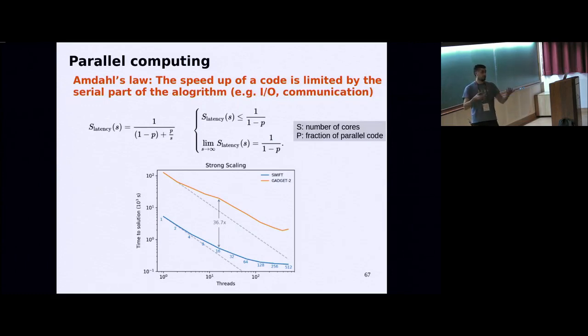And then you also have these different types of choices that you can make, right? You can write a very general code like Gadget that can do these zoom simulations and full boxes and hydrodynamics and isolated initial conditions and so on, or periodic boundary conditions, and that's very flexible, right? But of course, if you are very flexible and you tackle different problems, you cannot be the most optimal code for a particular subset of problems, right?